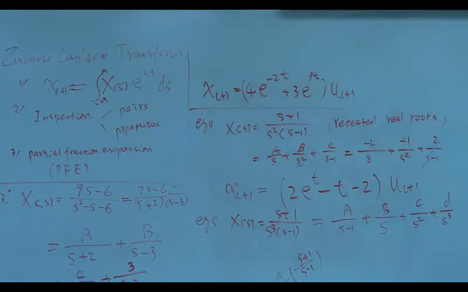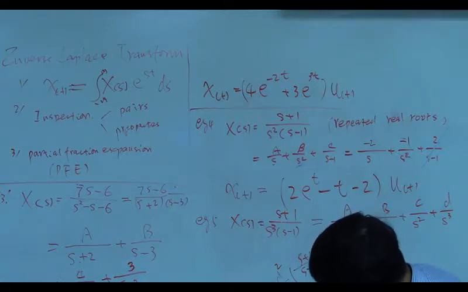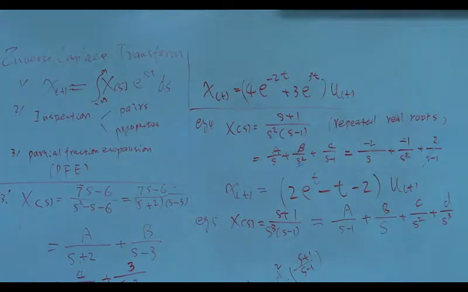How about the B? The B, we need to calculate the second order differentiation. Do this second order, and we are going to have this one is 2 minus 1 factorial here, and there's 1 here.